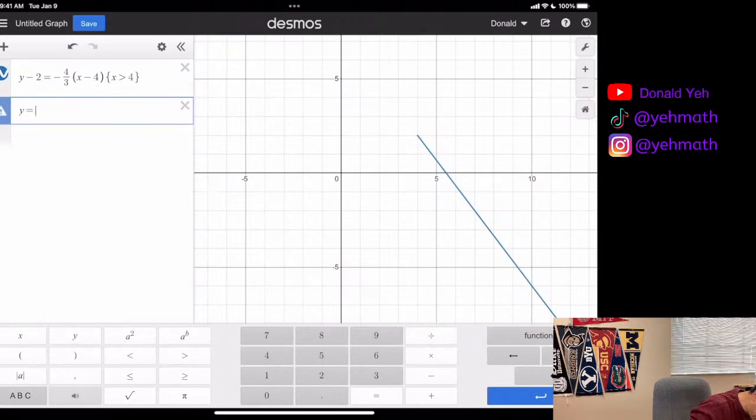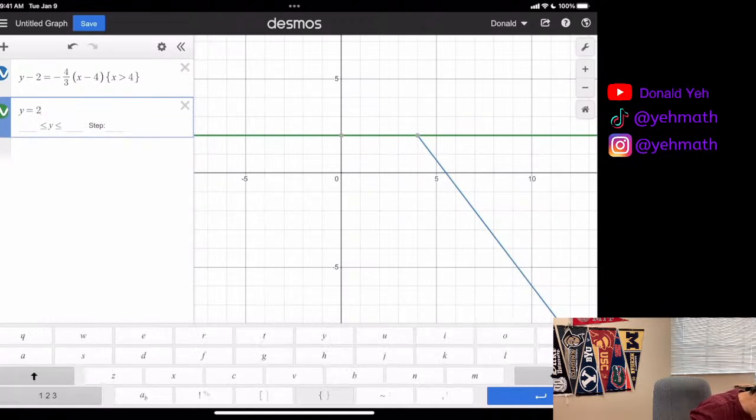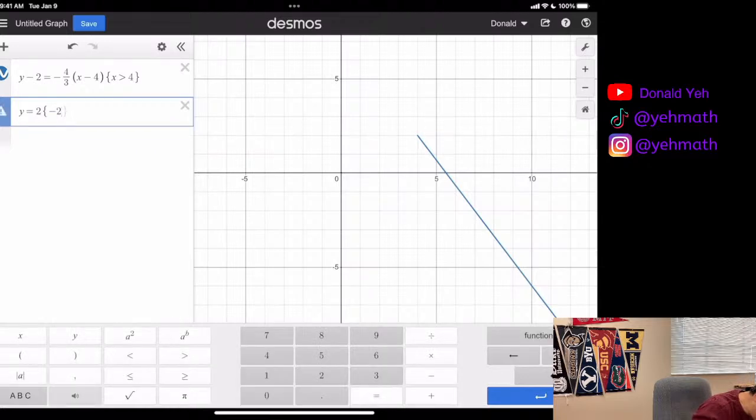y equals 2, right? What's the restriction? You're going to use a brace too. You guys have to try it. The brace right here. Get a phone out. Download the Desmos app. -2 less than x less than, no, actually 2. Try it on your Desmos. It's okay, get your phone out.